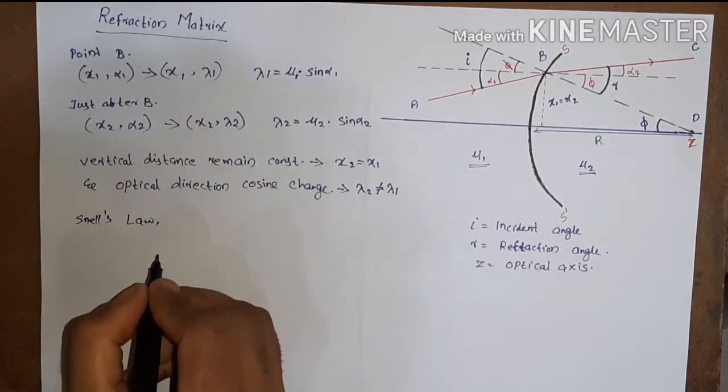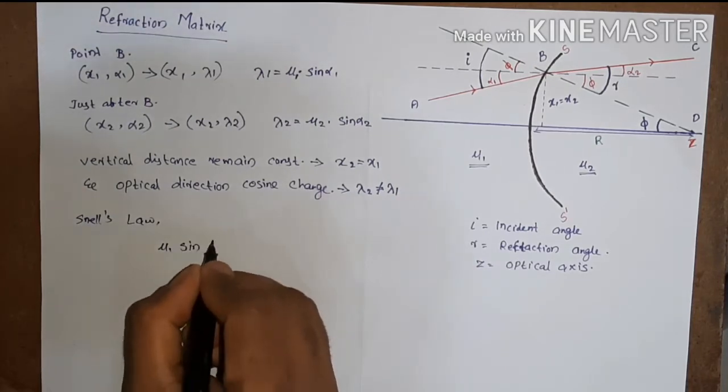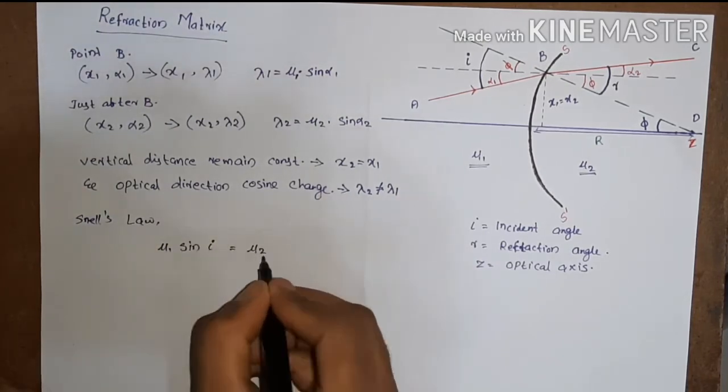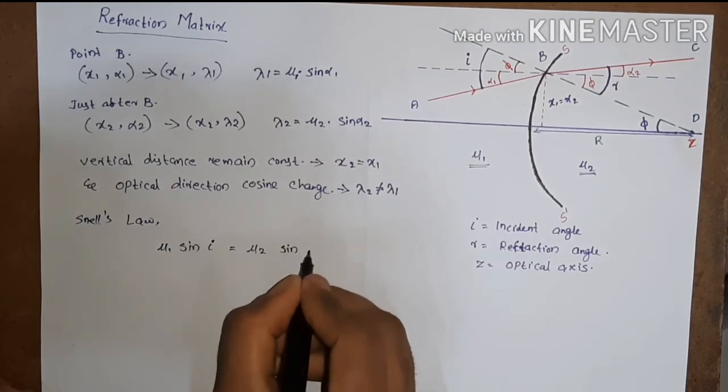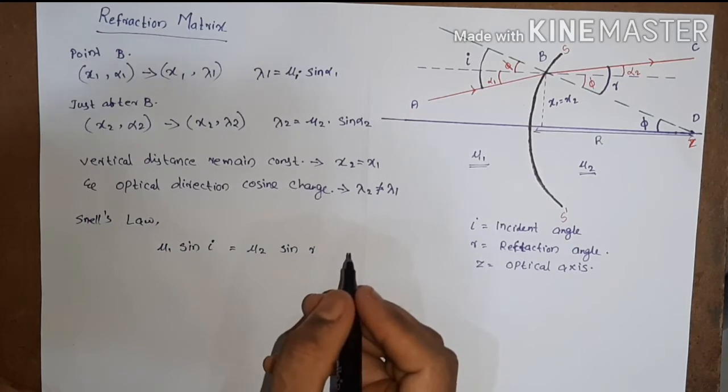According to Snell's law, mu 1 sine of the angle of incidence is equal to mu 2 sine of the angle of refraction, or mu 2 divided by mu 1 is equal to sine I by sine R.